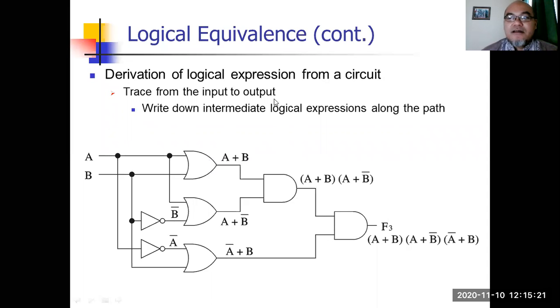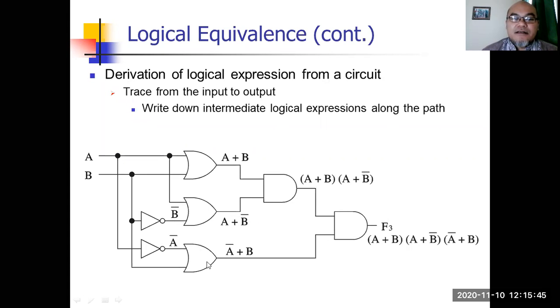Plus means OR, this is A or B. So this one is A or not B, because there is a NOT gate here, so this becomes not B, which we express with an upper bar, a line above the symbol.